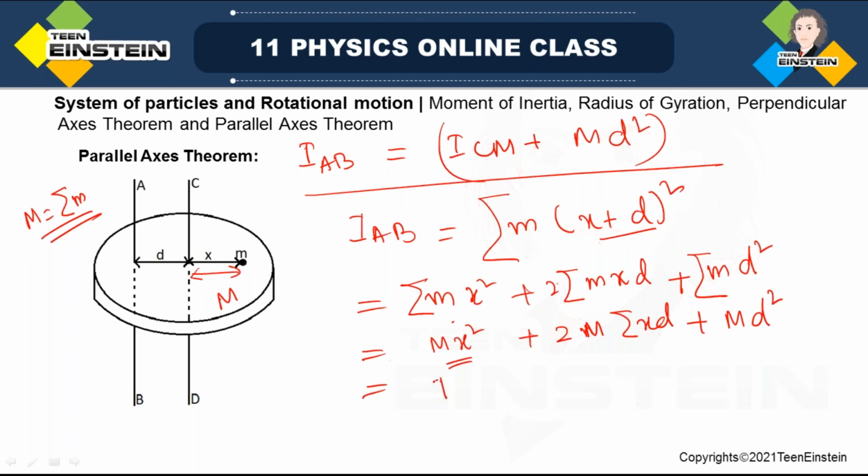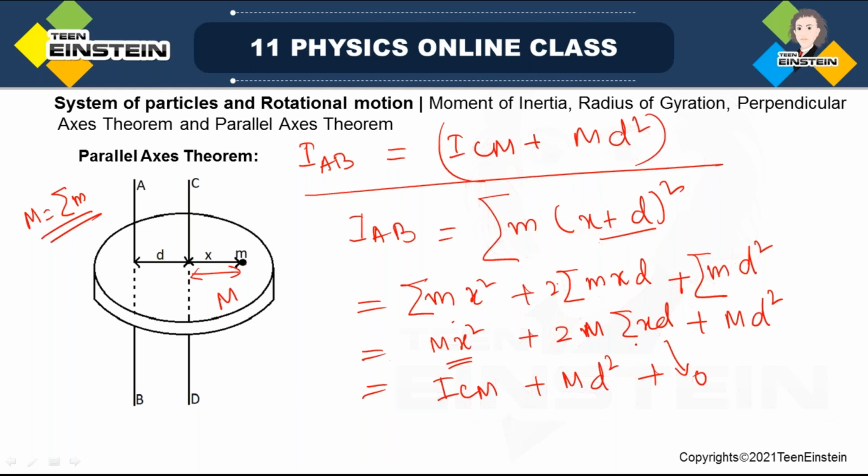So this is nothing but the moment of inertia of the whole object about the center of mass. Then I'll write this M d square, and this term is going to be zero here.